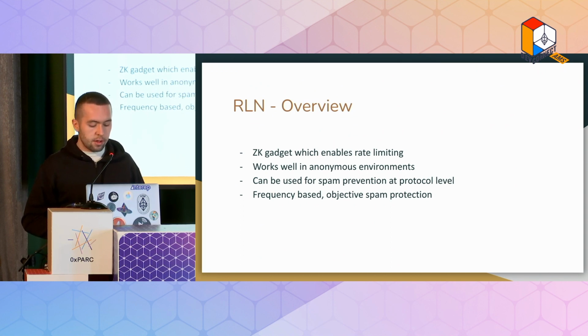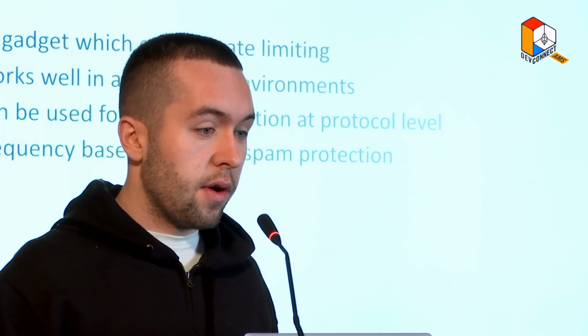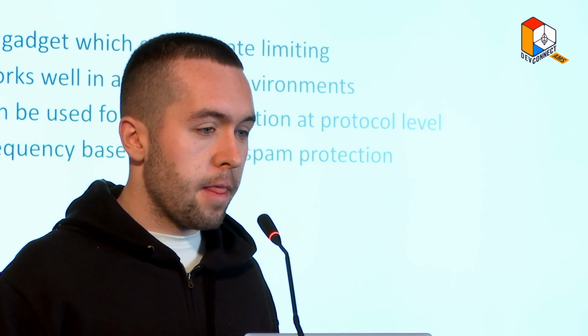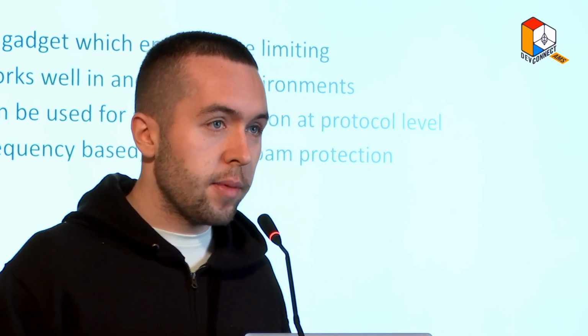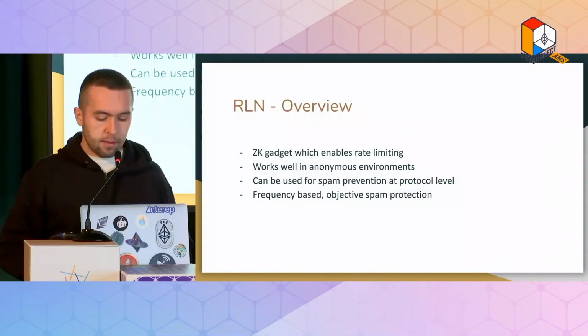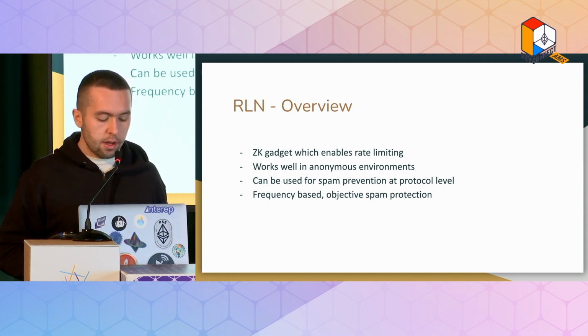It enables spam protection on the protocol level, and it is very useful for frequency-based spam protection and rate limiting. So it enables objective spam protection, in use cases where we know certainly what's spam. It does not help with content-based spam protection.